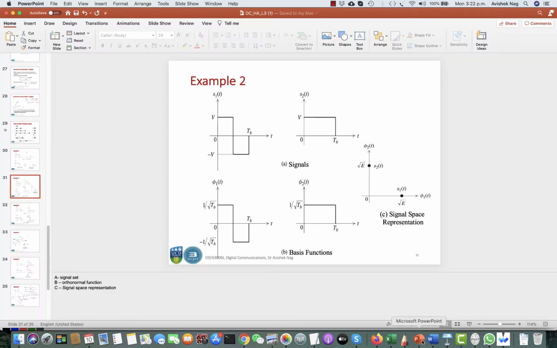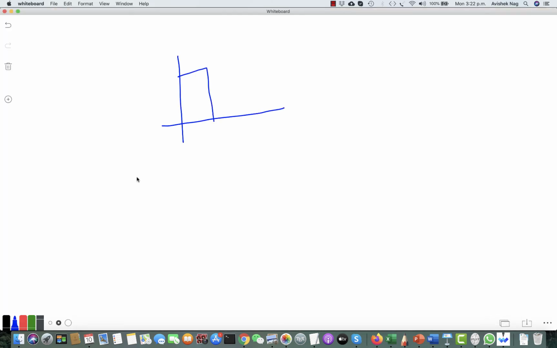So let's say your S1 looks like this, between 0 and TB. This is your 0, this is your TB, this is your V, and this is your minus V. Okay, this is your S1.